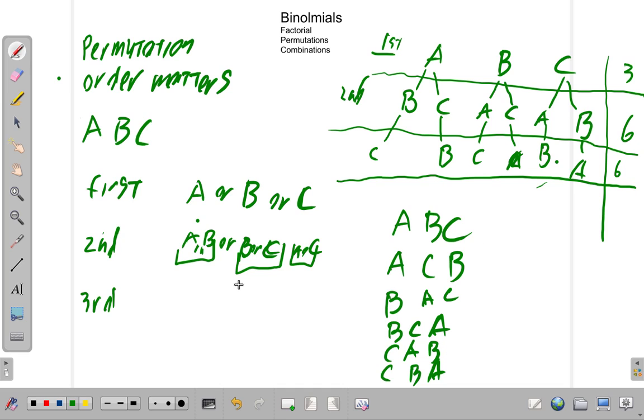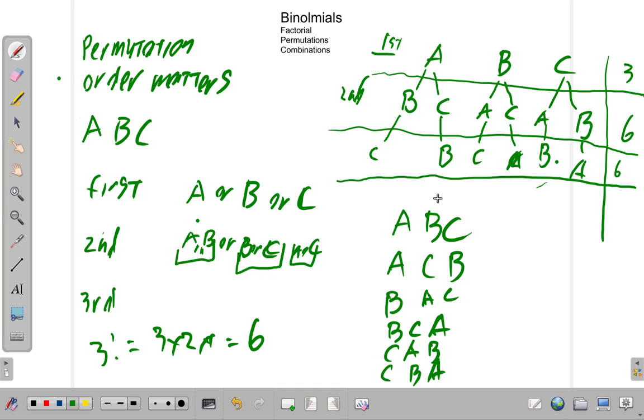By the way, what was the permutation of 3 again? 3 permutation would be 3 by 2 by 1, which is 6. So there you have 6 ways in which you could rearrange A, B, C. And we're looking at permutations.